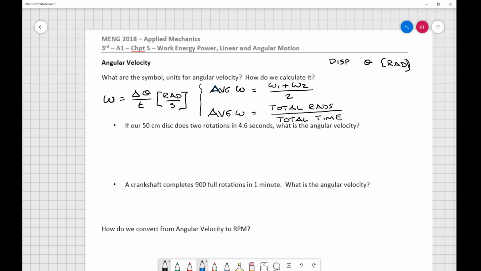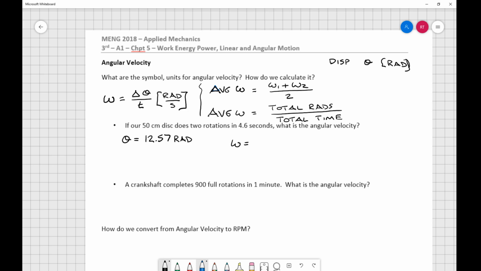So let's take a look at some questions here. Back to our disk from before, the 50 centimeter disk does 2 rotations in 4.6 seconds. What is its angular velocity? Previously we found that theta was 12.57 radians.